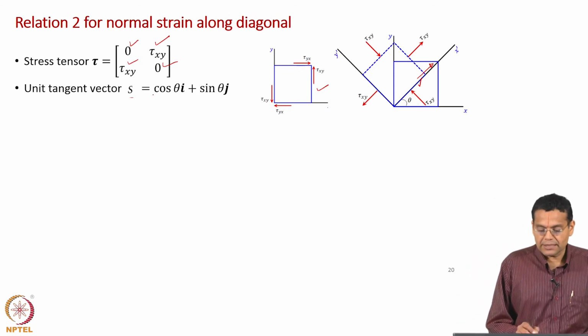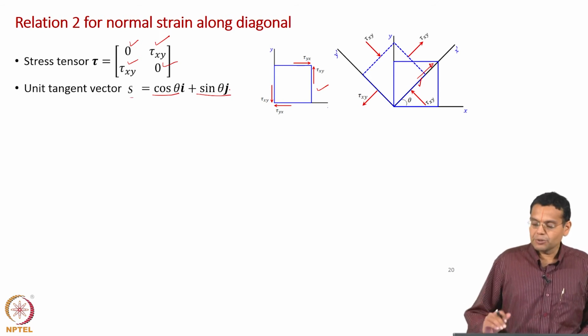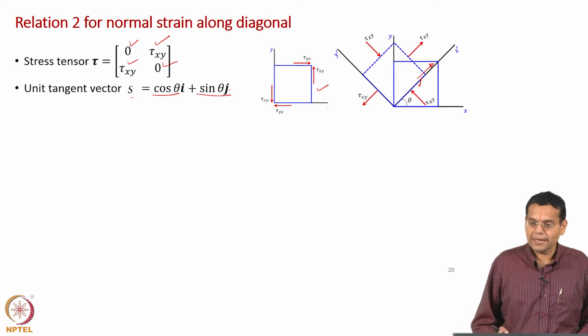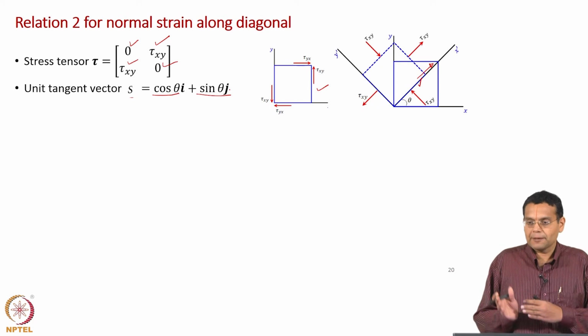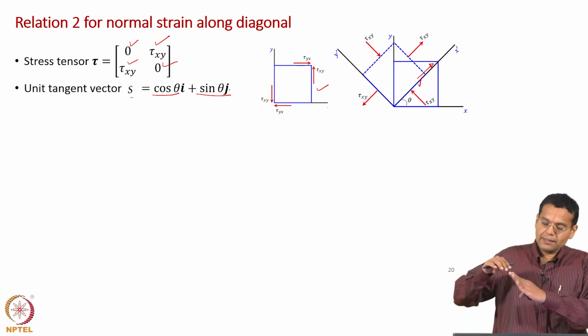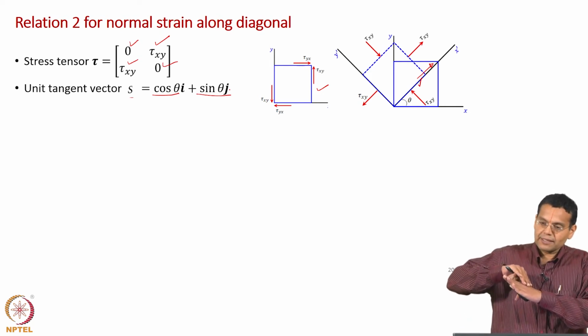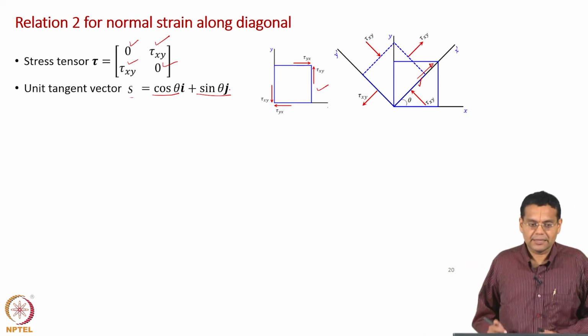It is cos theta i plus sin theta j. So, cos theta i plus sin theta j represents the unit tangent vector to a plane. Because it is 2D, it looks like a line, but in general it is a plane. So, we have considered a plane at an angle theta with the x axis, and the unit vector tangential to the plane is cos theta i plus sin theta j.